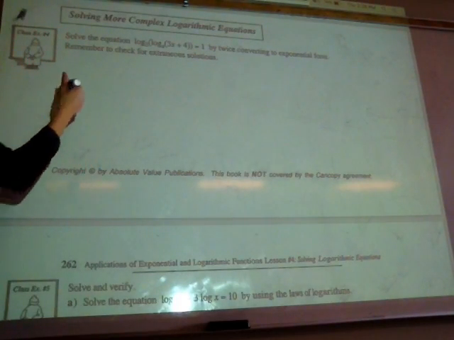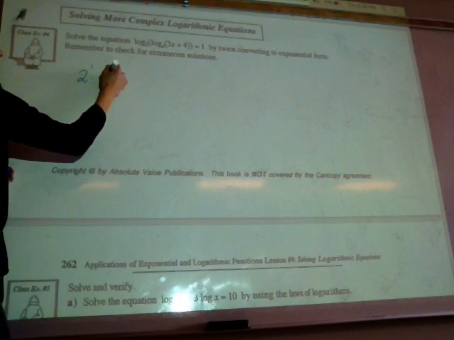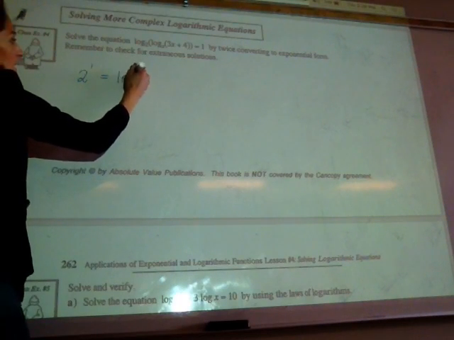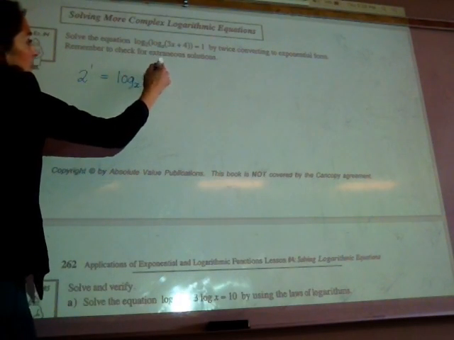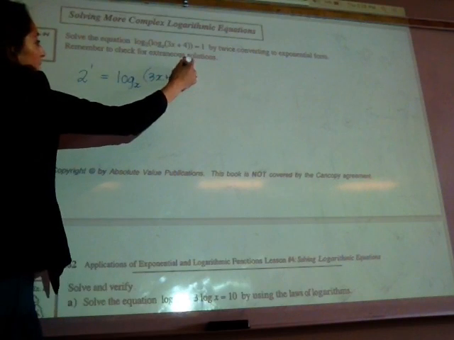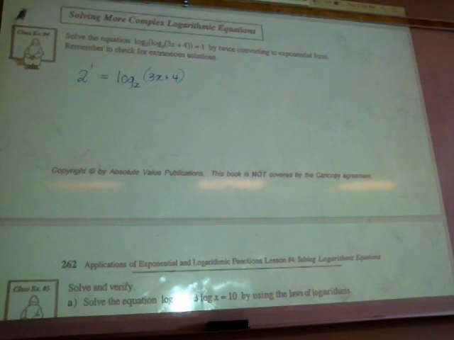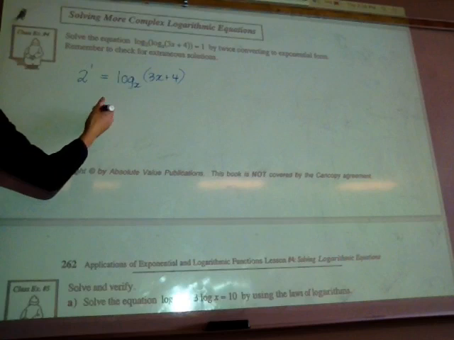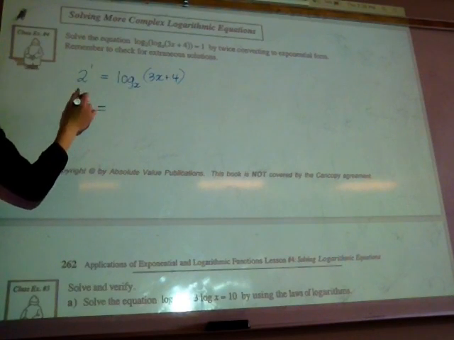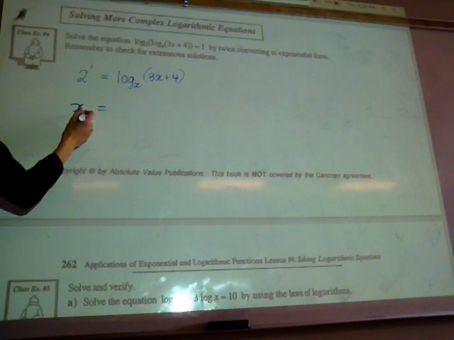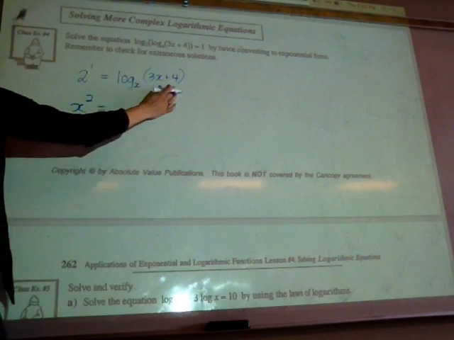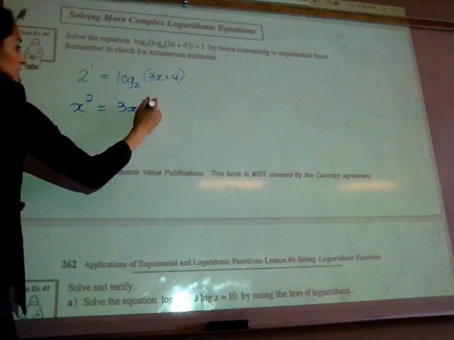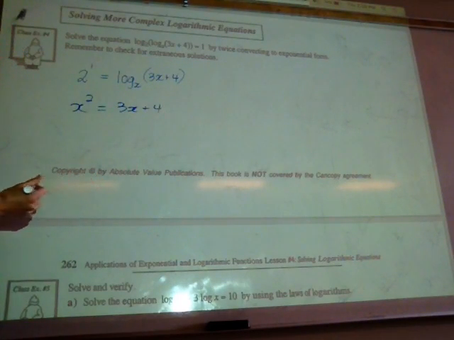So let's first convert. 2 to the power of 1 equals our argument, log base x, 3x plus 4. Still a logarithm, so I get to convert again to exponential form. What's my base? What's your exponent? 2, and your argument, 3x plus 4.